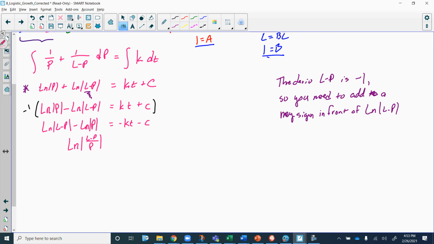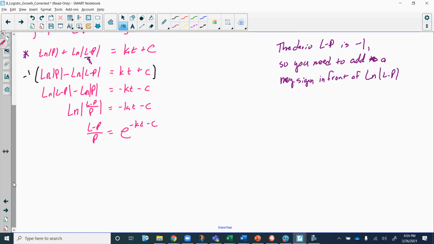The reason we want to condense it is so that we can exponentiate the function and get the P variable out of the logarithms, parentheses, or absolute value. So I'm going to wind up with L minus P over P to be equal to e to the negative KT minus C power.